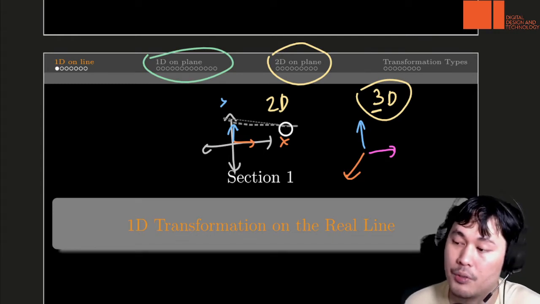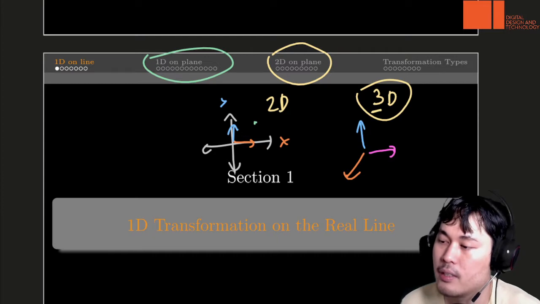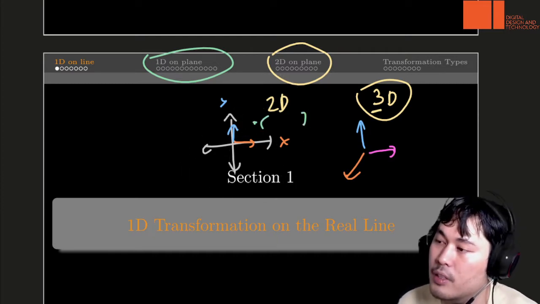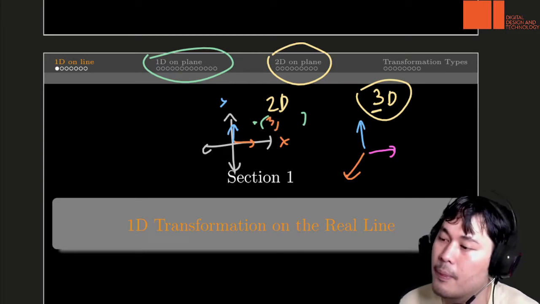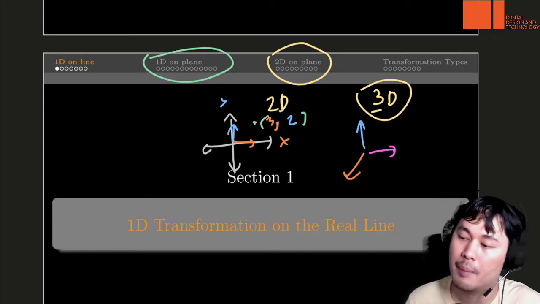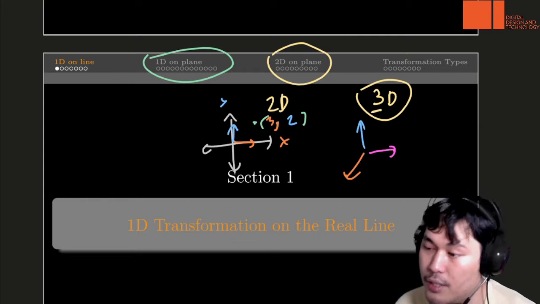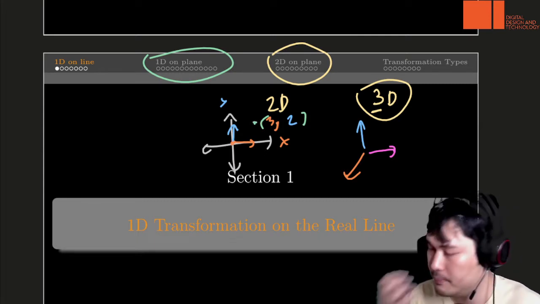Once we have these two directions, we can express any point on the plane, or on this piece of paper, in terms of two numbers: how far away in the x direction and how far away in the y direction. That is going to be a point, and that is an instruction of how you can get to that point from the center.